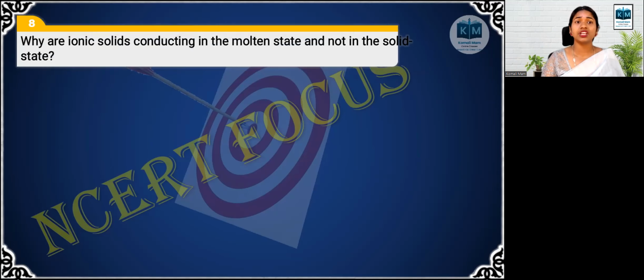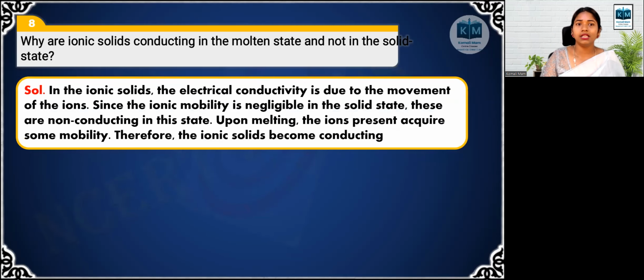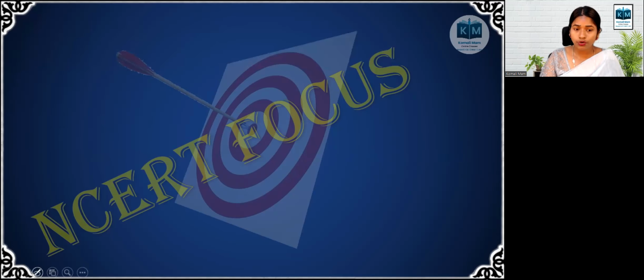See the next question. Why are ionic solids conducting in the molten state and not in the solid state? Because in a solid state, particles' positions are fixed. They can't move freely. But in a molten state, free ions will be available. In ionic solids, electrical conductivity is because of what, students?